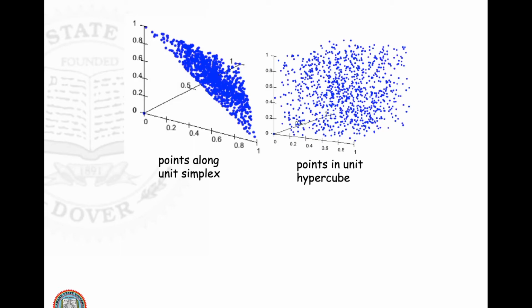When we last left off, we talked about what a manifold is, and we motivated that with two different diagrams. One, this figure on the right, represents points in a hypercube in R3, three-dimensional real-valued space. To do so, uniformly at random, we sampled with replacement points in the unit hypercube.